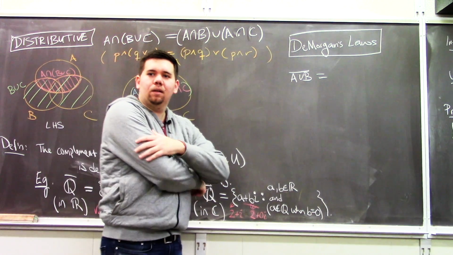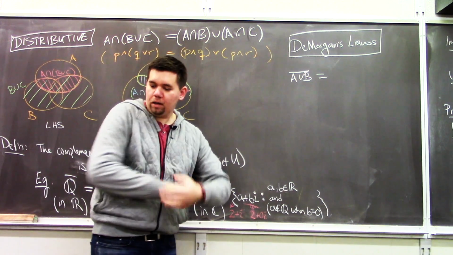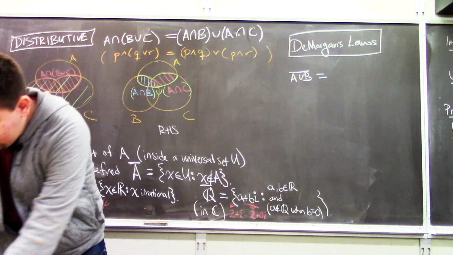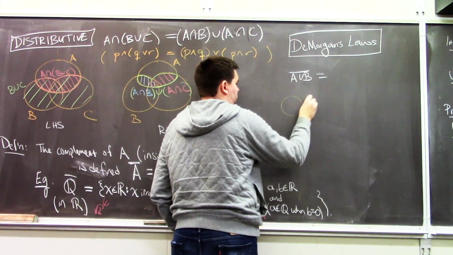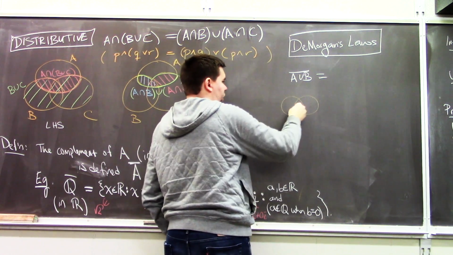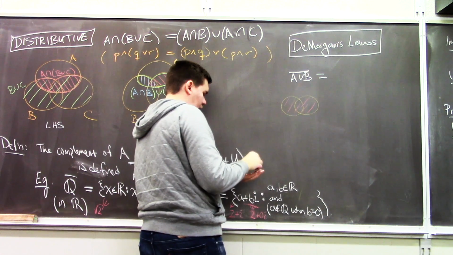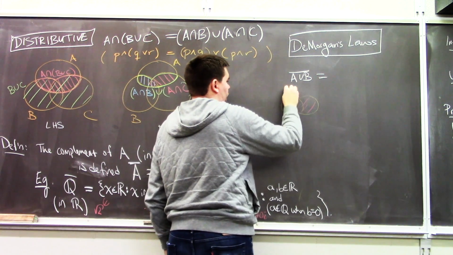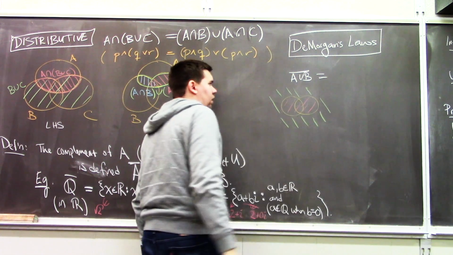Any guesses? Okay, yeah, we could make a Venn diagram and think about it that way. So here's your Venn diagram, and the union would be everything in these circles. So the complement of that union would be everything outside of this circle. So it'd be all this green stuff.